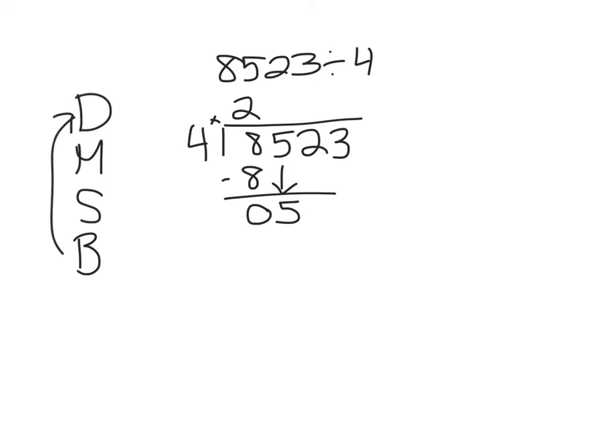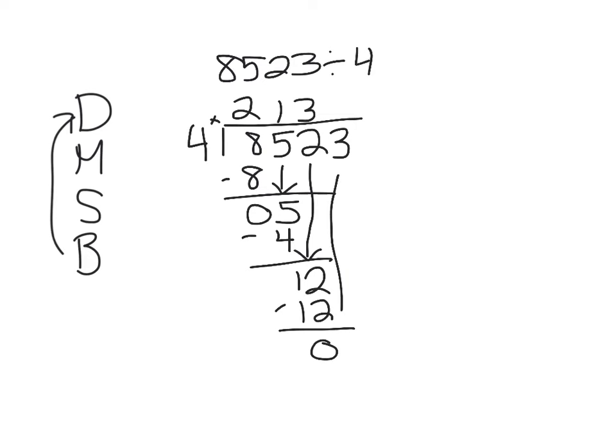I do 5 divided by 4 is 1. I multiply 1 times 4 is 4. Subtract, bring down. Now I have 12. 4 goes into 12 3 times. Gives me exactly 12 with no remainder. Bring on down.